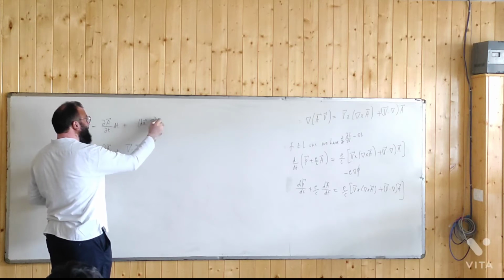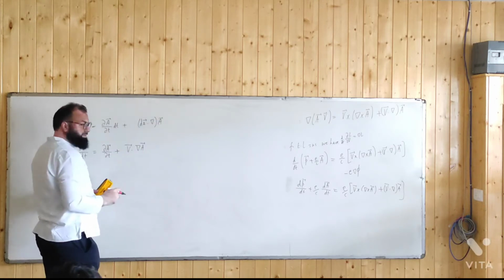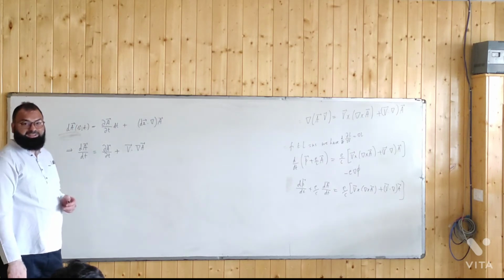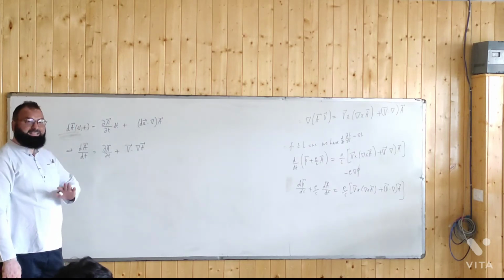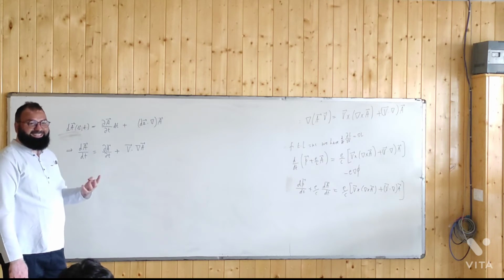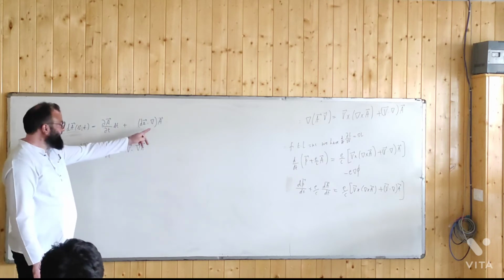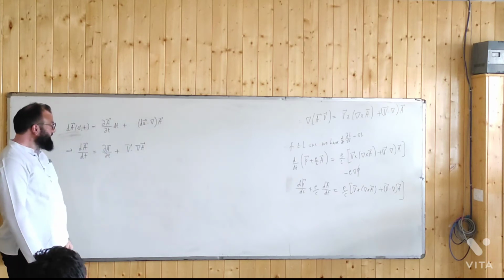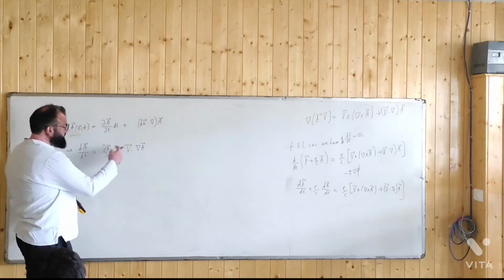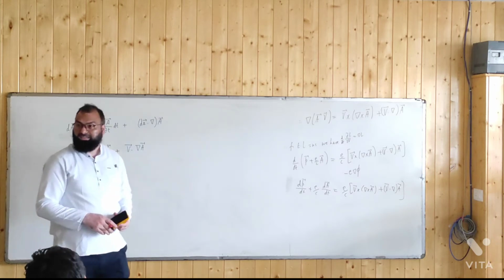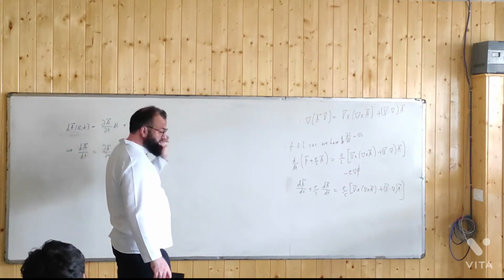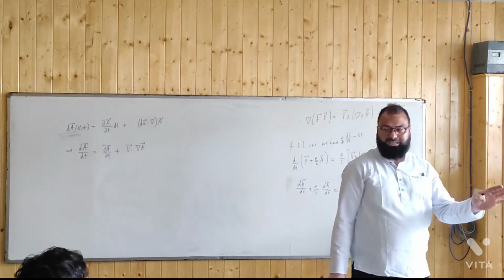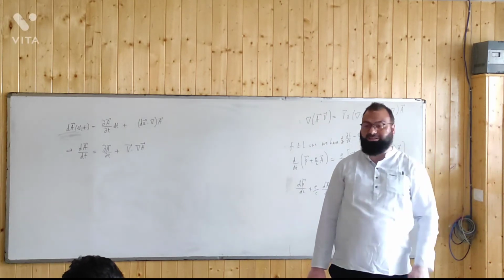Can you tell me why that is not the correct way to write it? Gradient acts on a scalar, so I had put the gradient acting on the vector. This is the correct way to write it. Now you have dr dot del, which is actually a scalar operator, just the differentiation acting on the vector A.